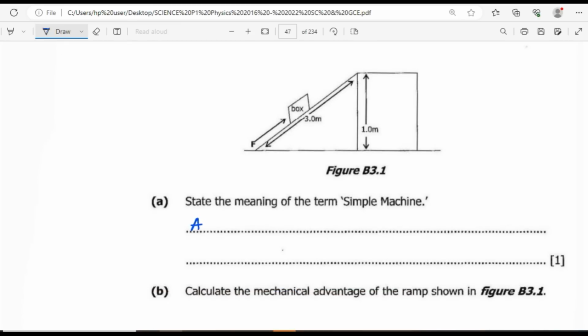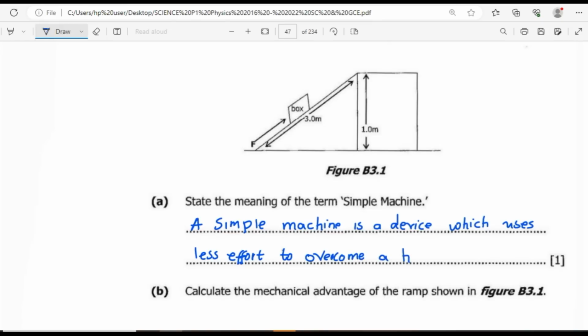So say a simple machine is a device which uses less effort to overcome a huge load.